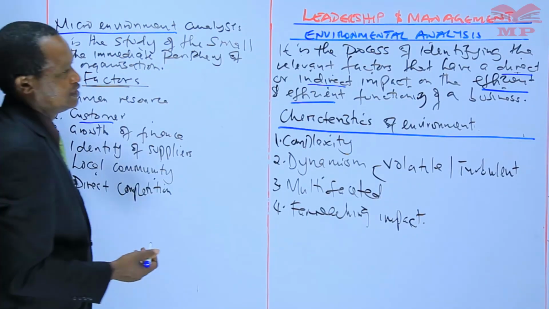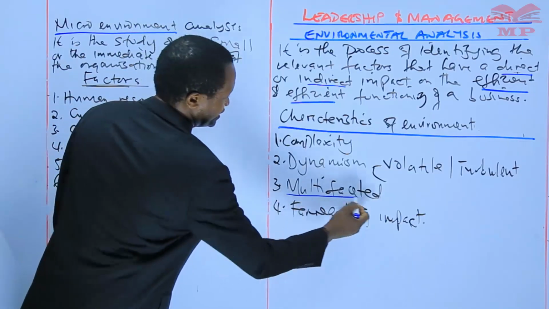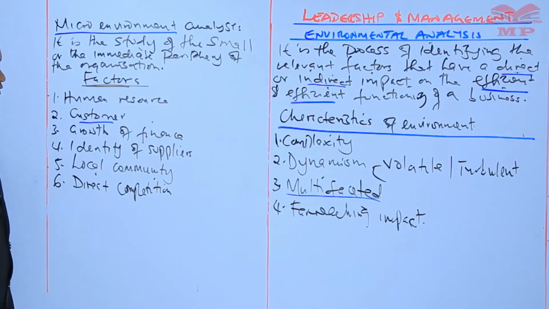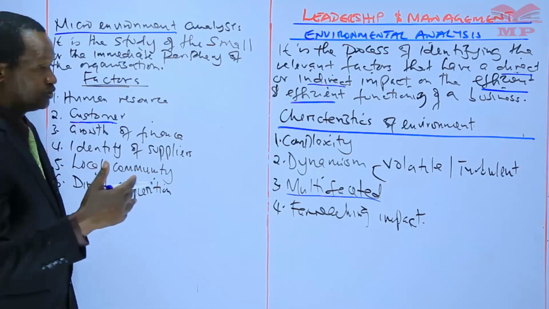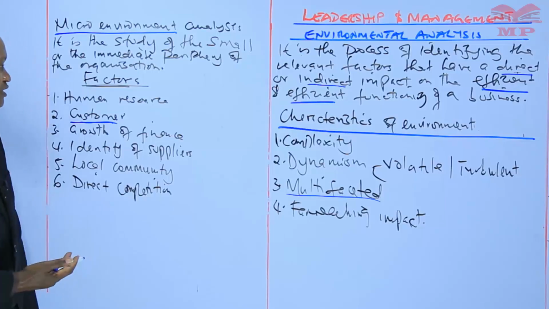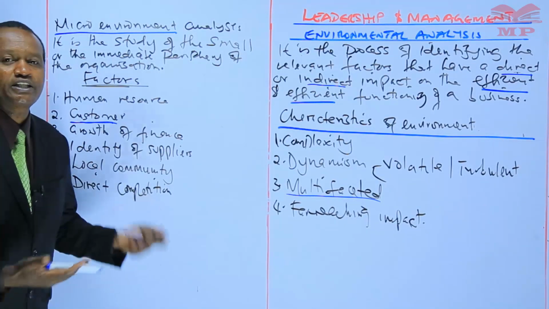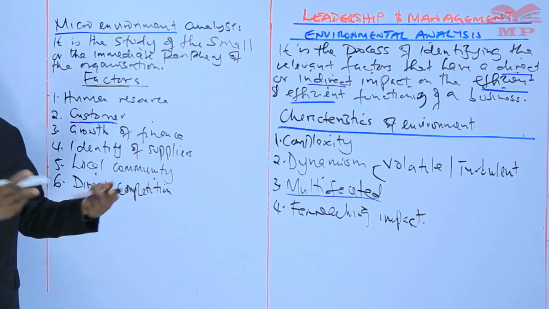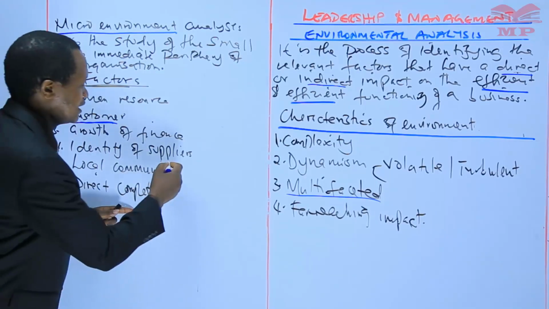That's why we said a characteristic of environment is that it is multifaceted. You cannot analyze the customer base or customers without considering competition. The need to meet customers' requirements influences organizations' interactions with the competitors and also the suppliers.